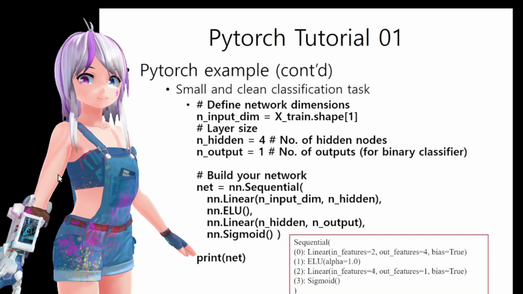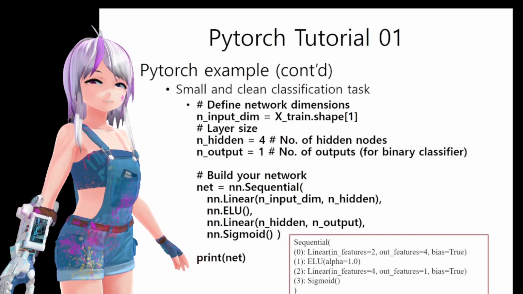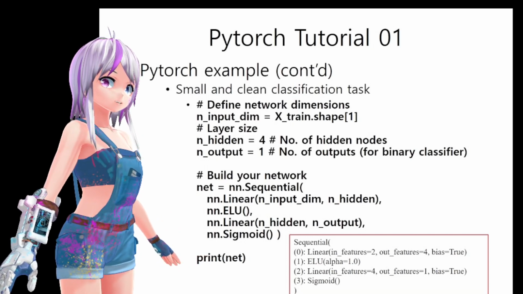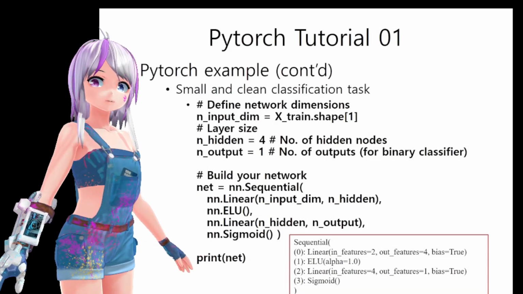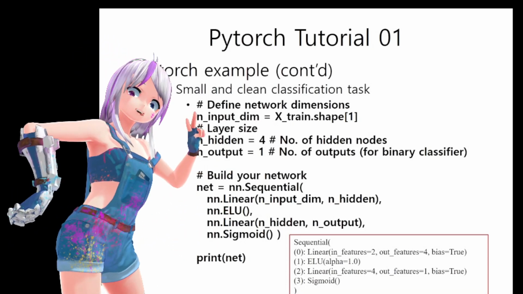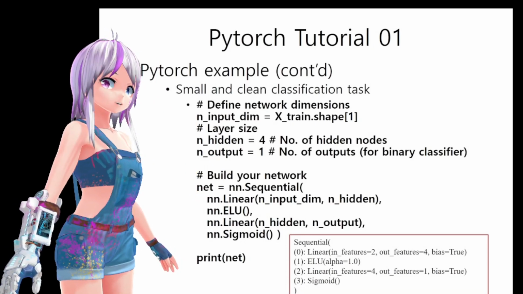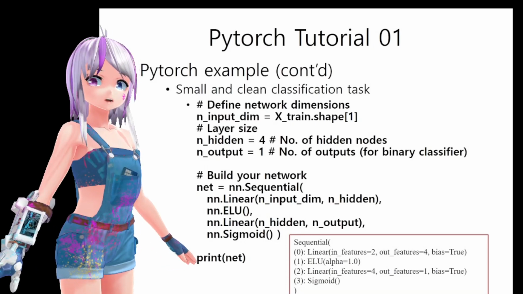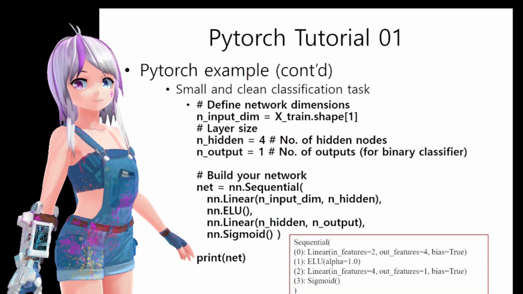Okay, and as the next step, you need to build your network. So the command is net equals nn.Sequential, bracket. We have an input layer which is linear, and ELU, exponential linear unit, and we have also a fully connected layer, linear.